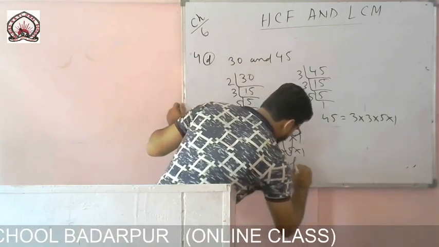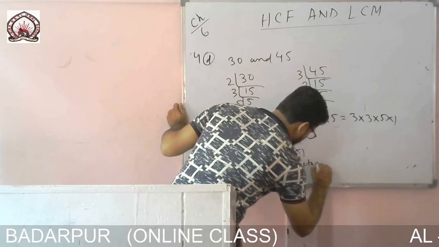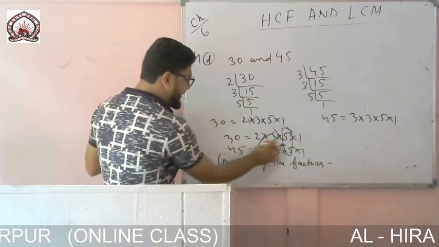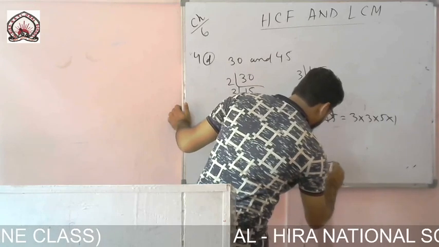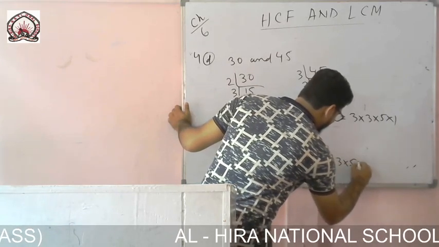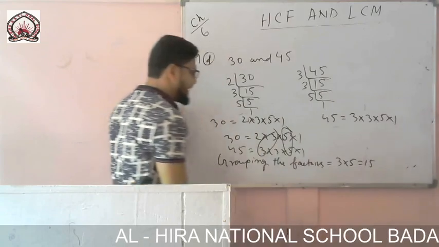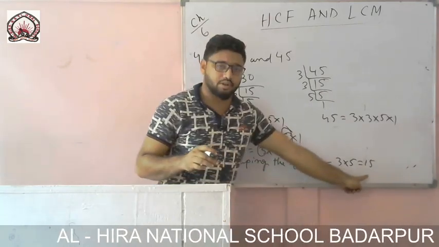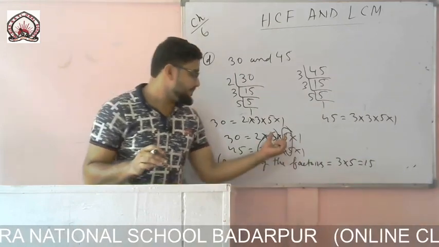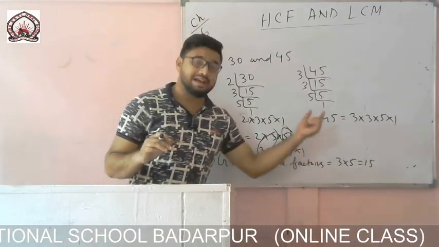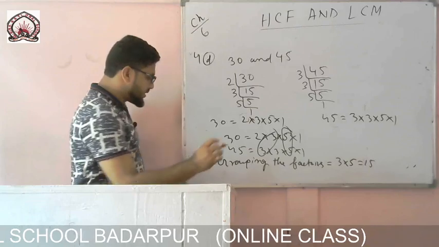The factors we got are 3 into 5, whatever is common we need to write. 3 into 5 equals 15. This is also another factor. By grouping the common factors, we got another common factor. So write.